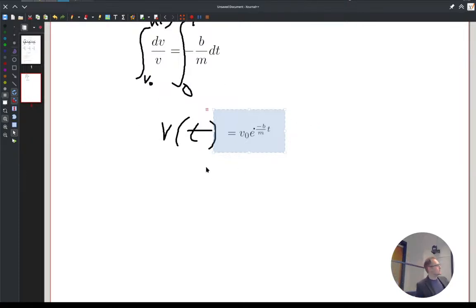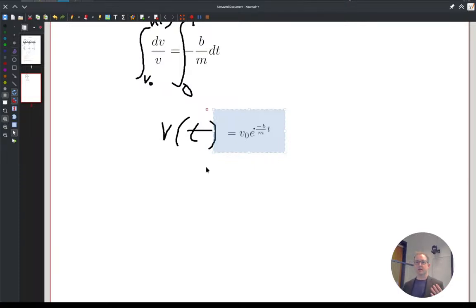So now we still have left-hand side is dx dt. Right-hand side is just a function of t. That one, it could be 0, but in this case, we have an initial 10 meter per second speed. But it could be 0.